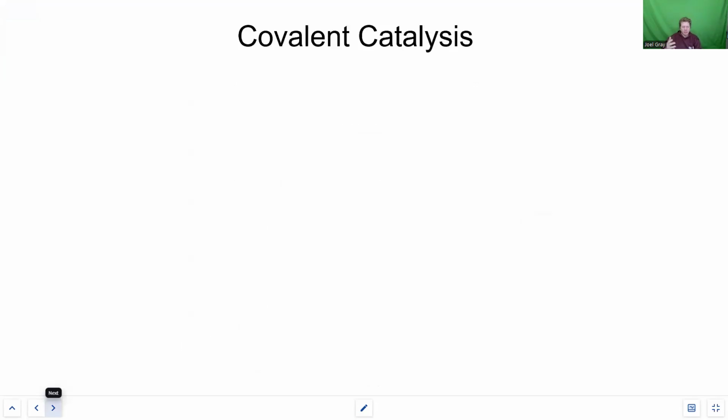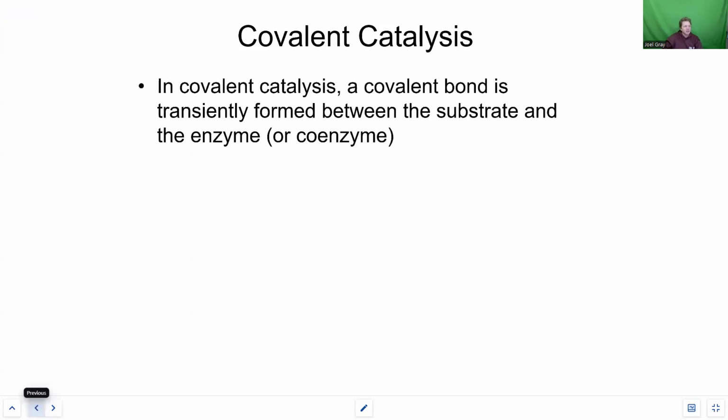Okay, so that was acid-base catalysis. Any ionizable or protonatable residue, and include in that list tyrosine and serine. Now, for covalent catalysis, this is an important distinction between acid-base catalysis and covalent catalysis. In covalent catalysis, a covalent bond is transiently formed between the substrate and the enzyme or coenzyme.